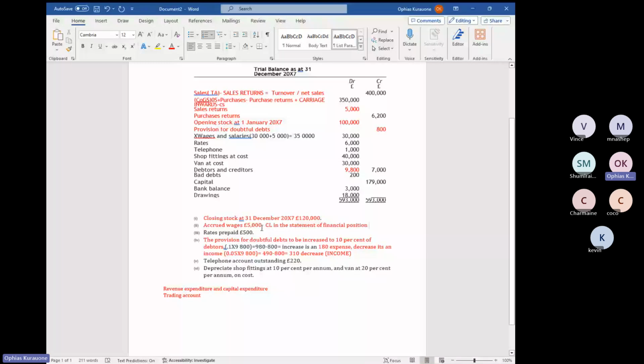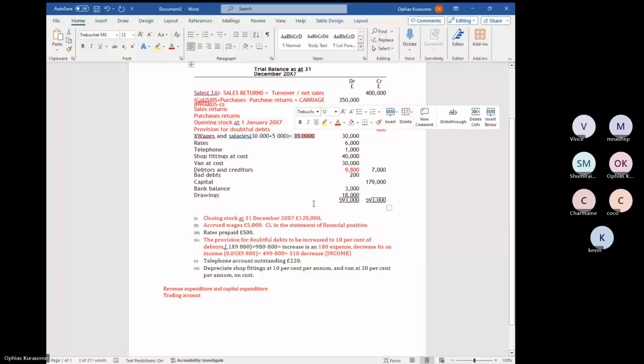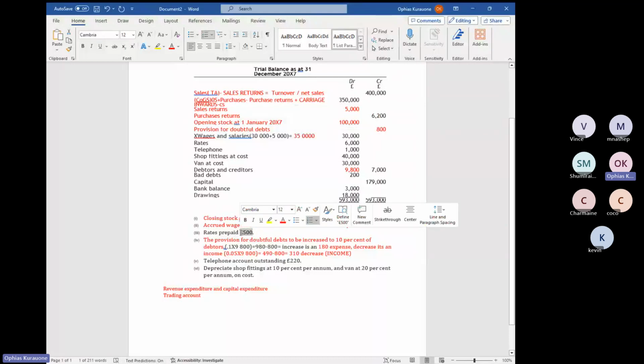Then rent prepaid, which means that the rent was paid in advance. So in our profit and loss account, we will record the 5,000. Once paid in advance, it's an income, because we're using the matching concept. You were not supposed to pay, and the rent was not yet due.